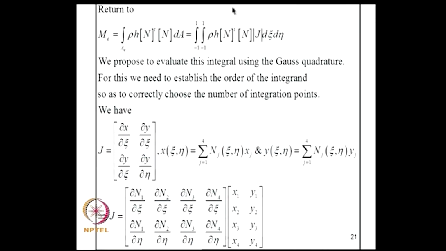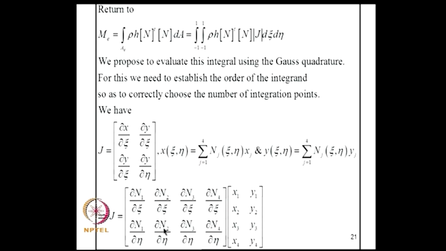Now, we have to work through the evaluation of this determinant of the Jacobian. What we know right now, the Jacobian is given by this Jacobian of the transformation, x we are writing like this and y we are writing like this. Given this I can now substitute for these derivatives in terms of N_j's, and using this expression I will be able to write J as a product of two matrices.